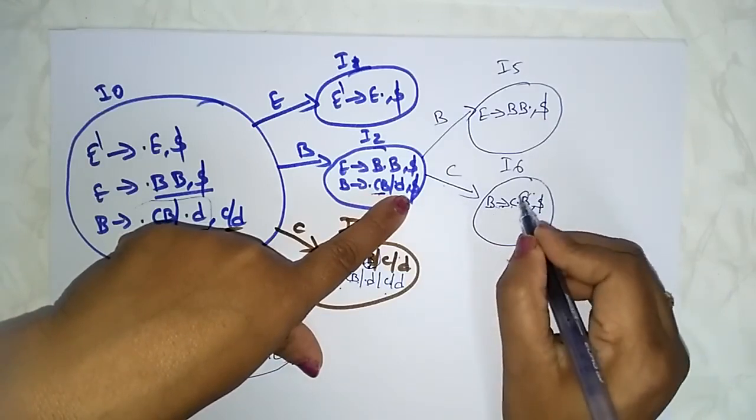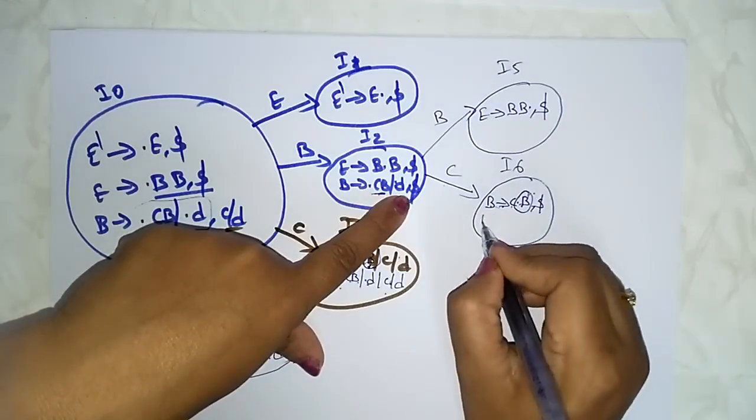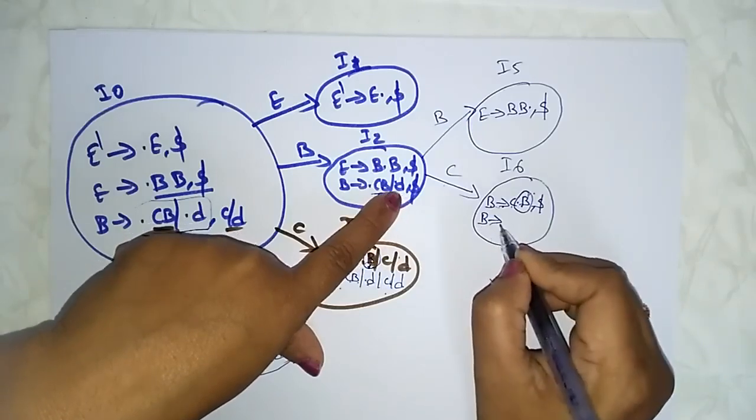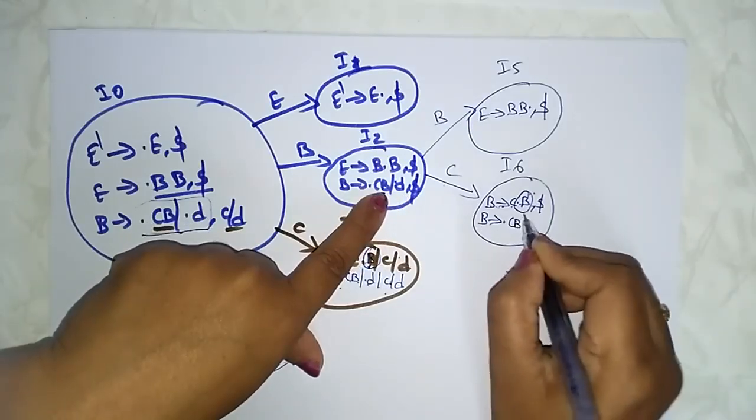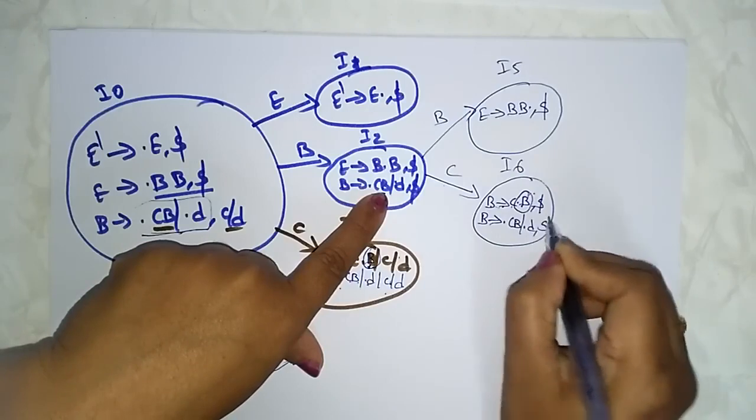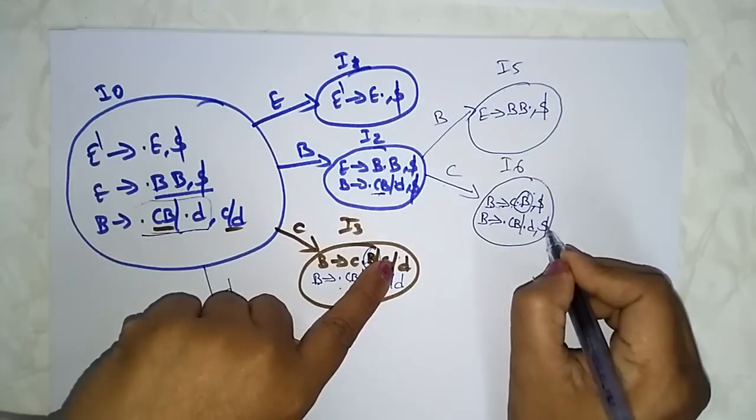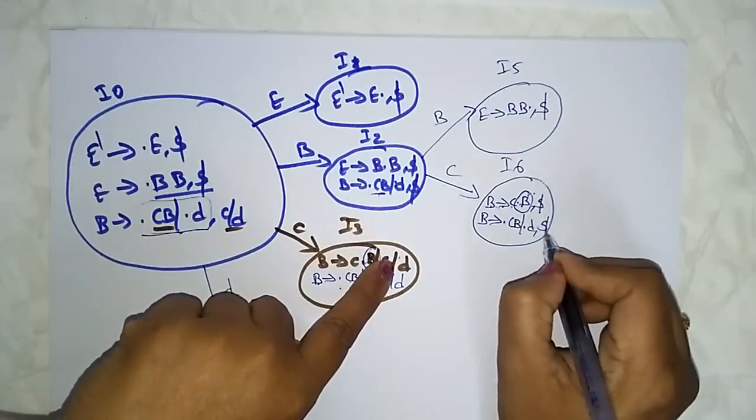Now for dot B, you have to write the productions. The B productions are dot CB slash dot D, comma, and the lookahead value that is present after B, you have to write that here.